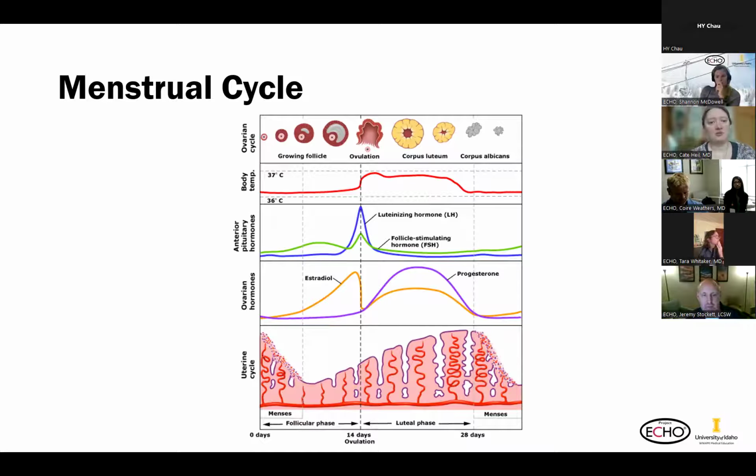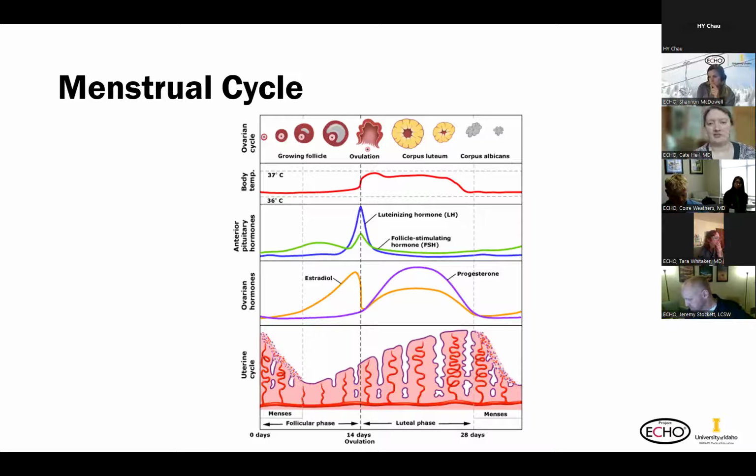So going over this briefly, day one is the first day of the menstrual cycle, which is when the menses start. So that's when the uterine lining sheds, also called menstrual flow or period. And then over time, based on different hormones, specifically estrogen, the endometrial or uterine lining will build up over the next 14 days or so.